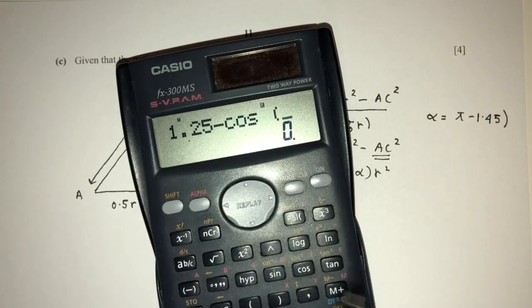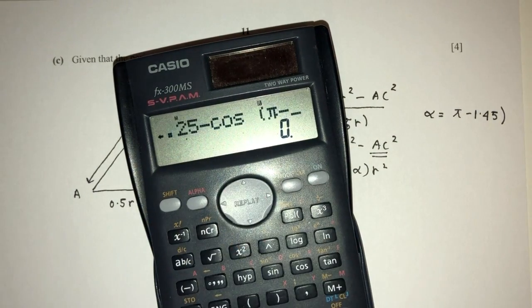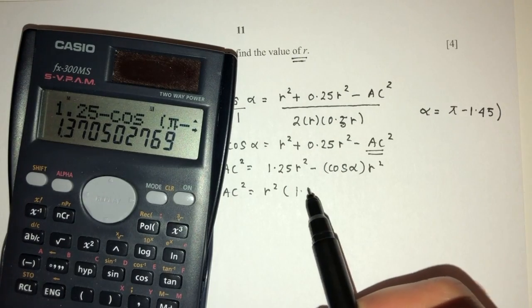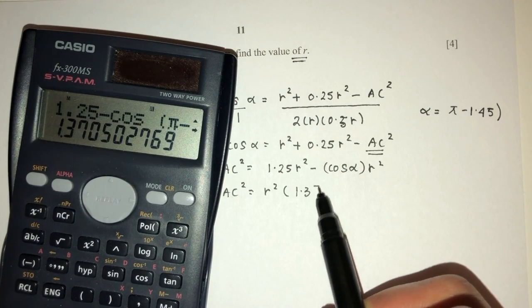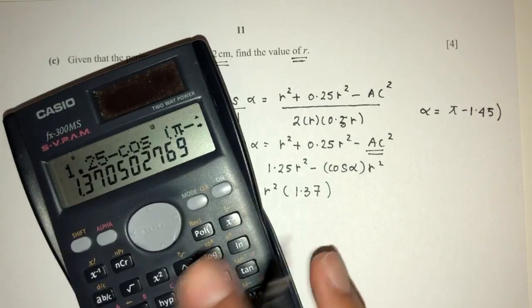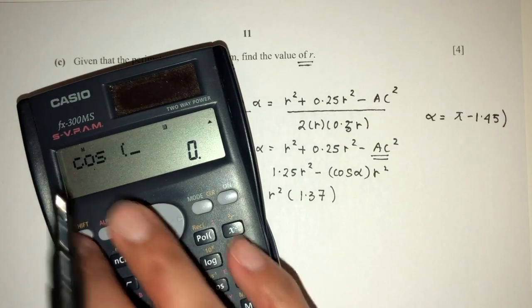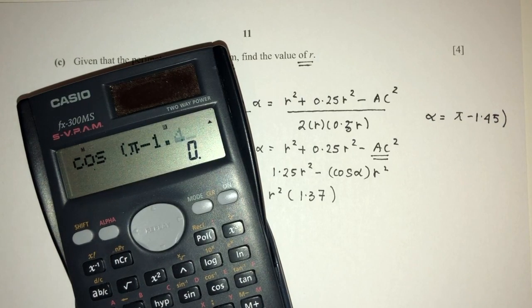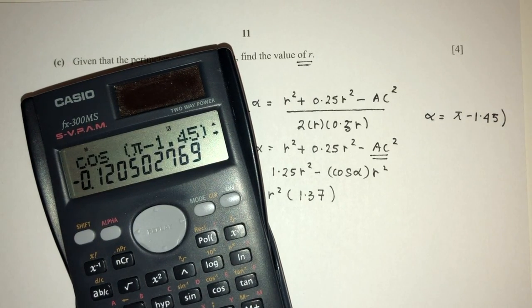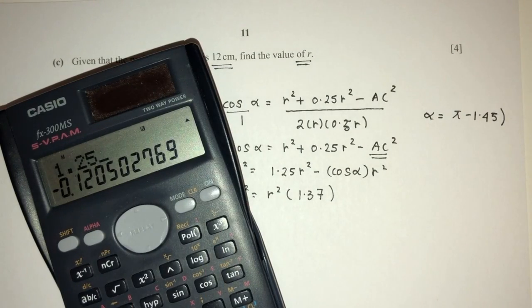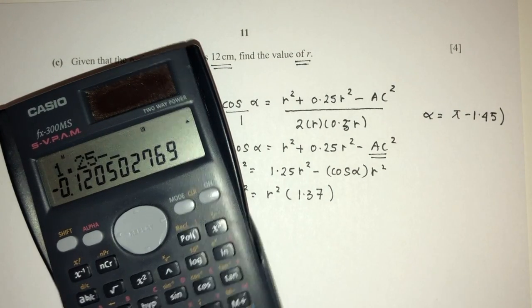So cos is pi minus 1.45. That will give you 1.37 something. Is that right? Let me try again. So cos of pi minus 1.45 will be this. 1.25 minus answer.